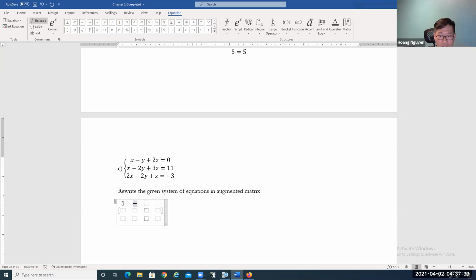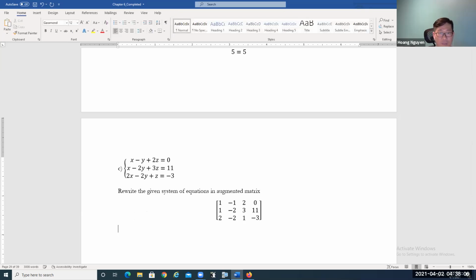So 1, -1, 2, and this element is going to be 0. Now we have 1, -2, 3, 11. And this row is 2, -2, 1, and it's going to be -3.